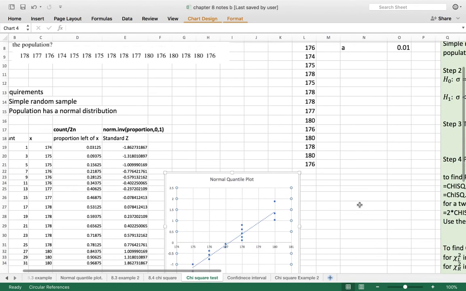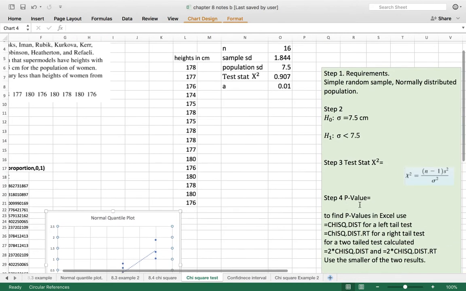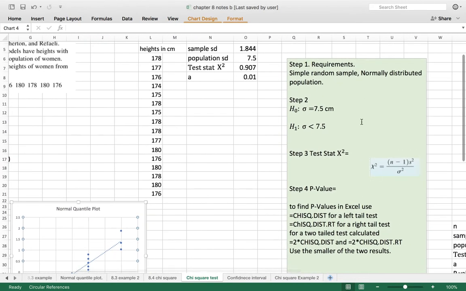So let's figure out what our hypotheses are. Our null hypothesis would be that the standard deviation for the supermodel heights is equal to the population standard deviation, equal to 7.5. But our claim and our alternative hypothesis is that their standard deviation is less than 7.5 centimeters.